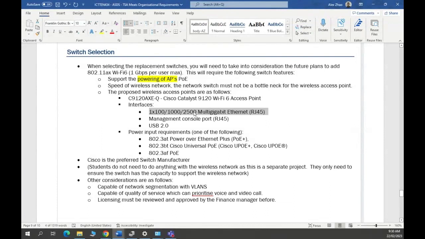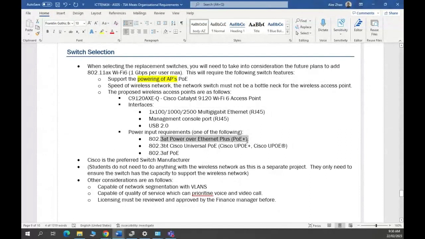So therefore, the access point, the port that it's plugged into, must be faster than the 1 gigabit. Okay, so for these backbone ports that we talked about just before, they can be at a higher speed. Okay, so the management console, all that kind of things is fine.